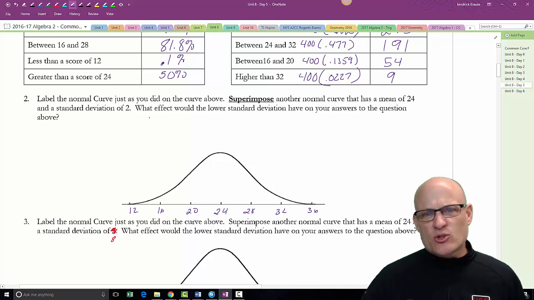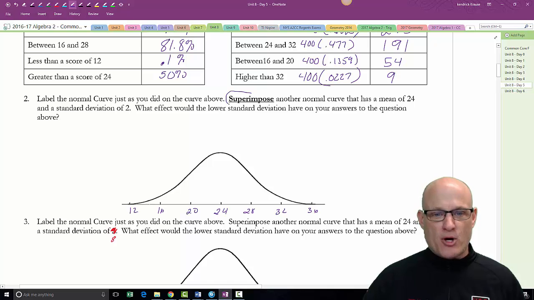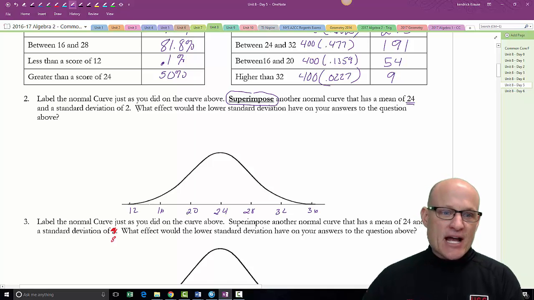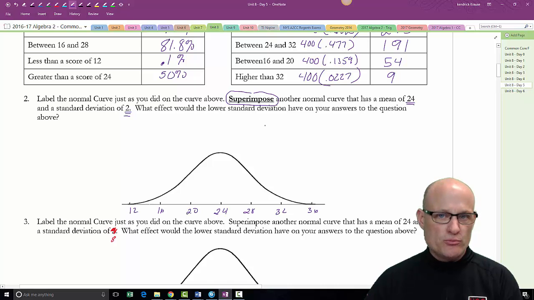But now I'm going to create a standard deviation of 2. So I want to superimpose a normal distribution curve that has the same mean, but now the standard deviation is 2. So instead of it being 4 now, it's going to be 2.